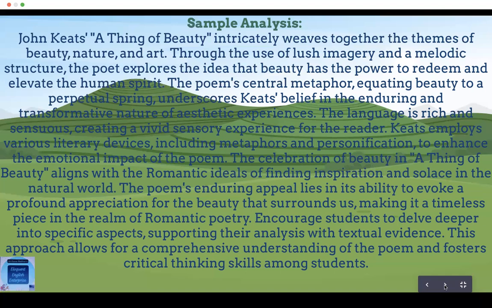Encourage your students to delve deeper into specific aspects, supporting their analysis with textual evidence. This approach allows for a comprehensive understanding of the poem and fosters critical thinking skills among students. So this is the sample analysis of the poem.